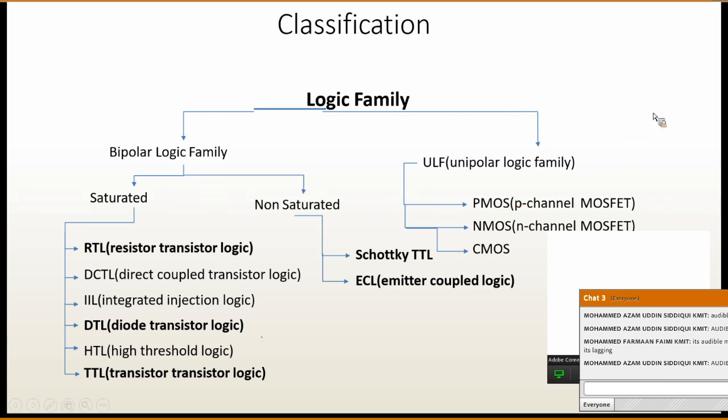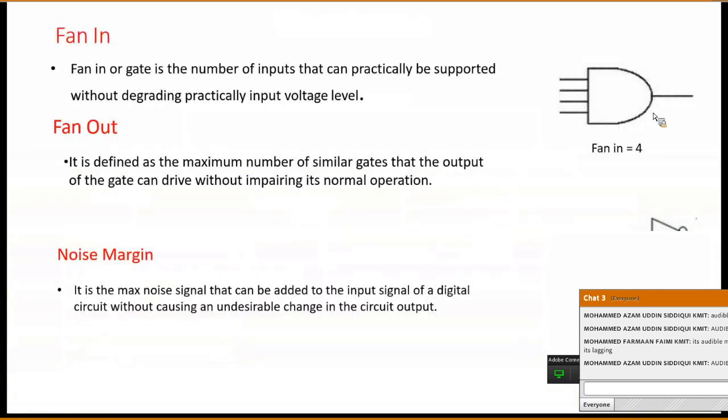The main one is CMOS, which is a combination of NMOS and PMOS. The characteristics we have all seen. Fan in is the number of inputs a gate can handle. Fan out is the number of other gates that the output of one gate can drive.